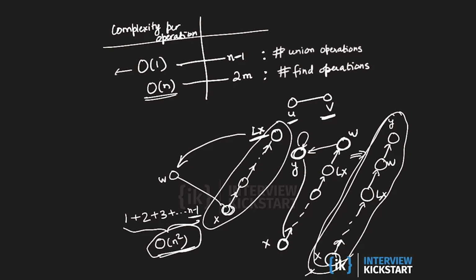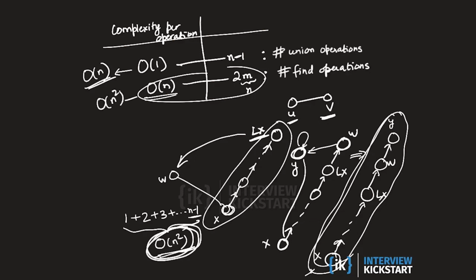You can see here that the union operations by themselves take only cumulative linear time, but these find operations can get expensive. Even if we assume that the graph is sparse, where the number of edges is proportional to the number of vertices, we are still going to end up here with a quadratic complexity for find, and that is going to dominate the complexity of this entire process, which is still going to remain at order n square.